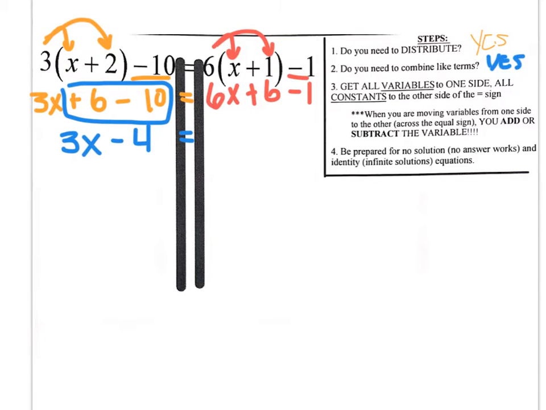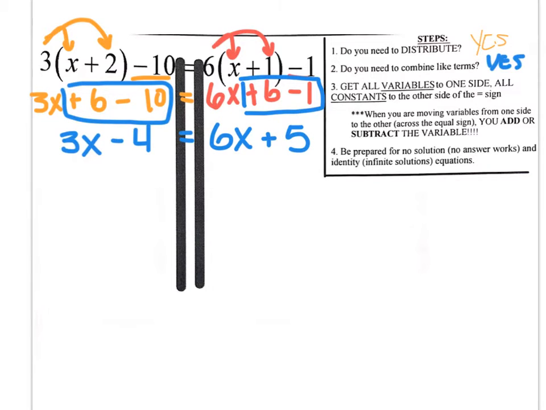Let's take a look at our other side. Our other side, we have 6x, a positive 6, and a negative 1. Here, our like terms are the positive 6 and the negative 1. So we're going to go ahead and combine those. And we'll get 6x plus 5.